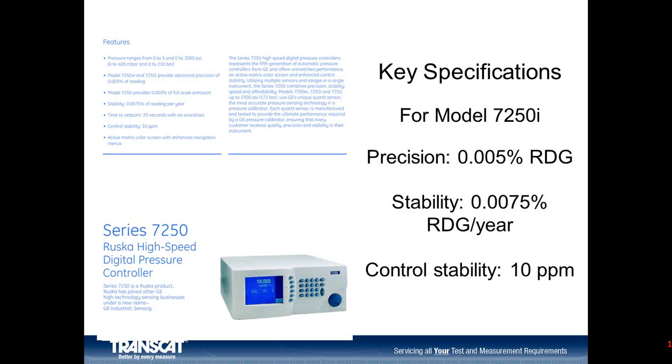So that represents the performance of the instrument. It does not include the uncertainties that accumulate in the chain that leads to the standard that's used to evaluate this device.